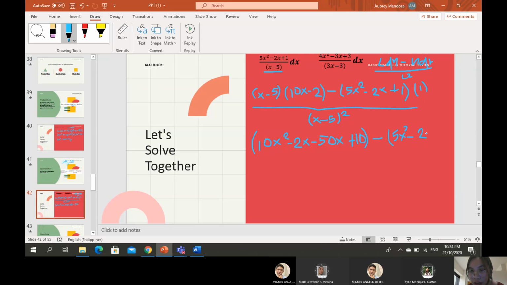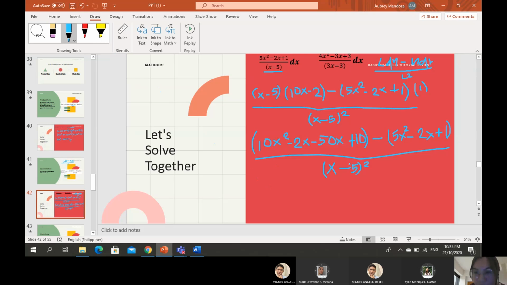We're just going to copy this since we are just multiplying it into 1. So minus 2x plus 1. And then copy the denominator, which is x minus 5 squared. So after that, we're going to simplify.